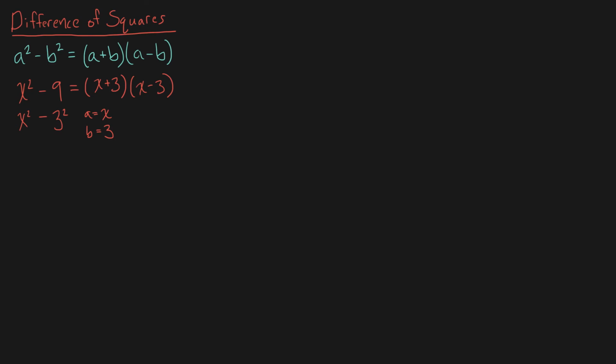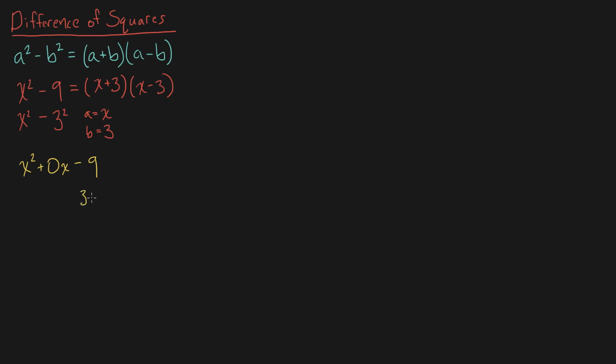Now, as a side note about why this works, we can also imagine x squared subtract 9 as equivalent to x squared plus 0x subtract 9. This is an equivalent expression because the middle term is equal to 0, so we haven't added anything, but we've put it back into a form that we might be more familiar with. Now, what are two numbers that multiply together to make -9?